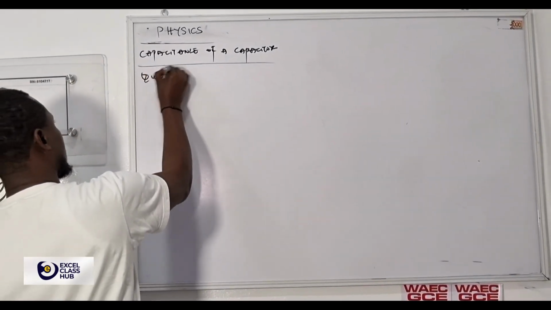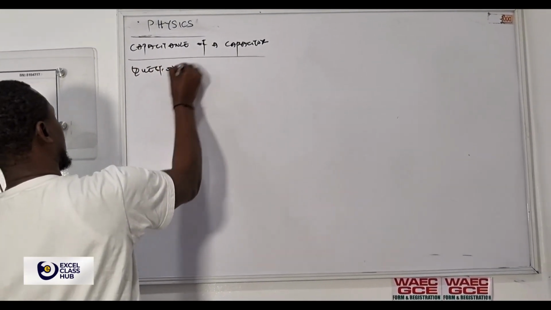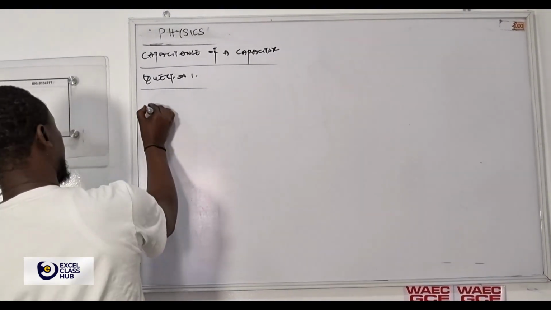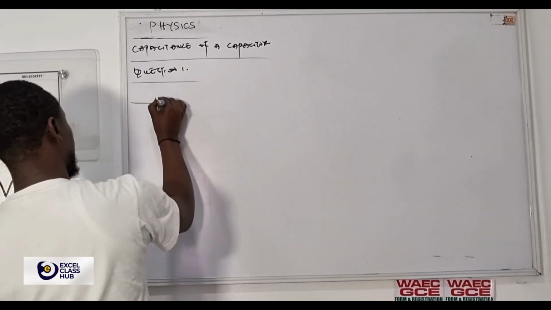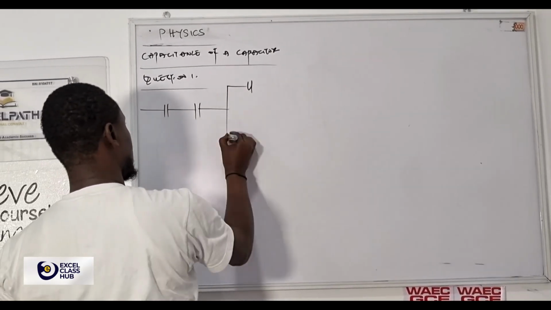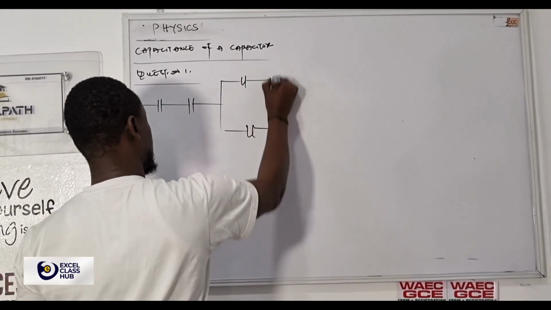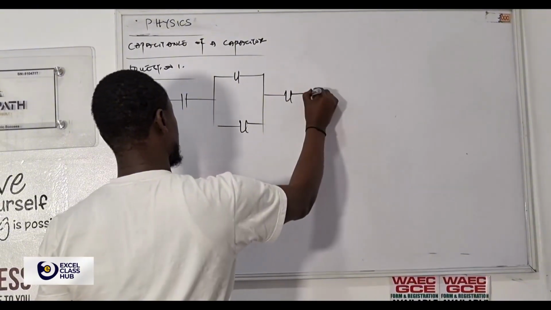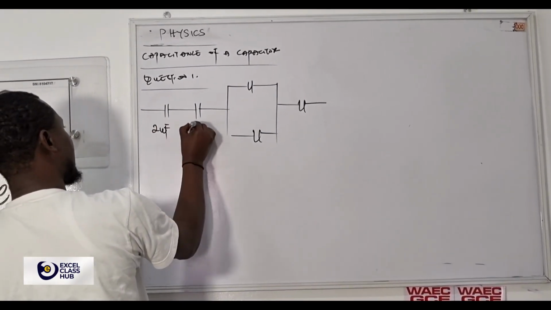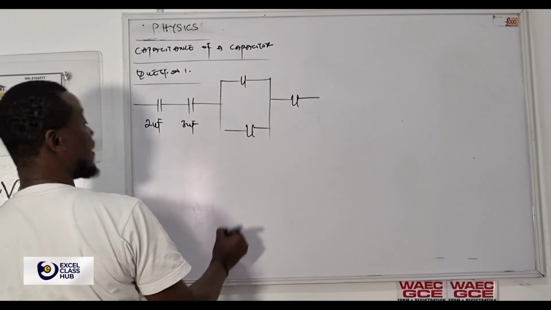Question 1. From the circuit, we have something like this. That means we have 2 microfarad, 3 microfarad.